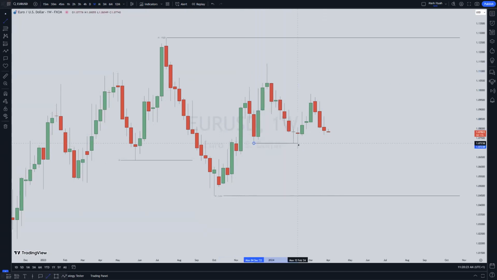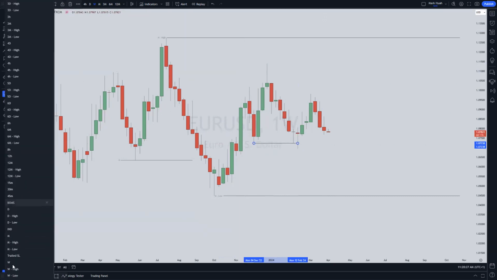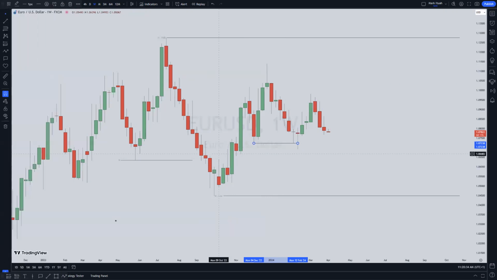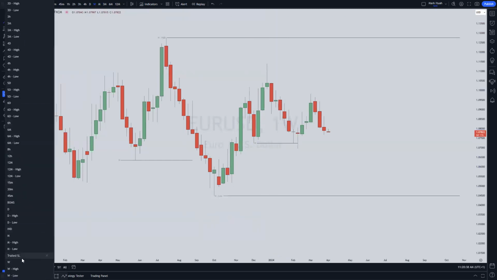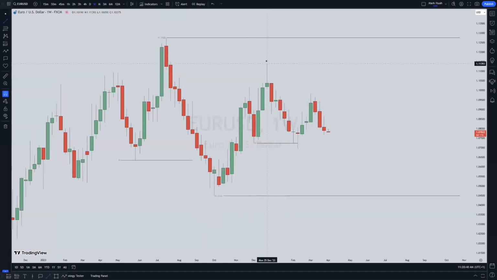So we had price take out the swing low, and in the bearish market, the swing lows are targeted while the swing highs are being protected. So here what happens? We have a weekly break of structure, or weekly shift in market structure, and this becomes the weekly high.